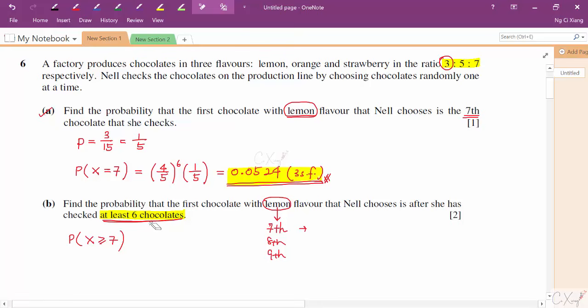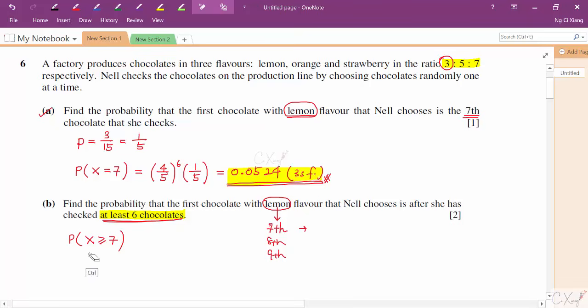Which means the first 6 chocolates she inspects are not lemon, and only the 7th is lemon. So it should be x greater than or equal to 7. That means the total number of chocolates checked has a least value of 7 or more.